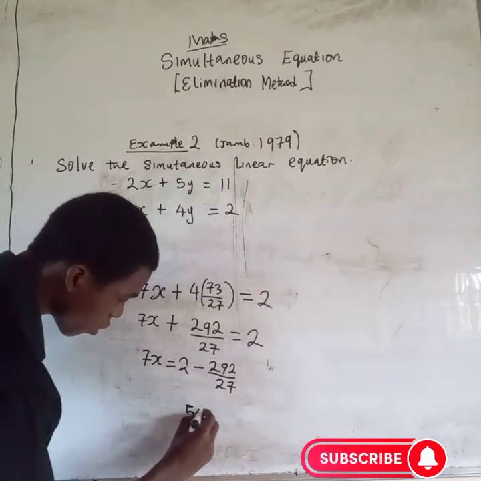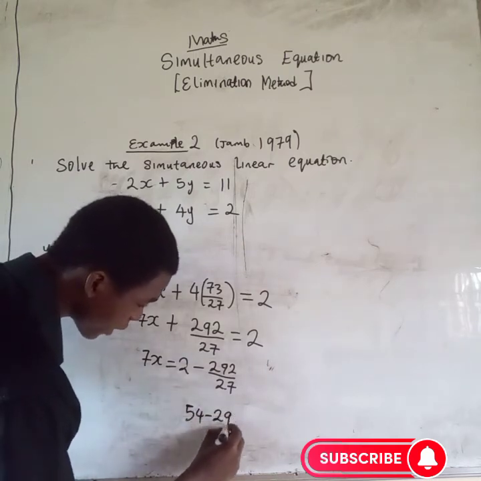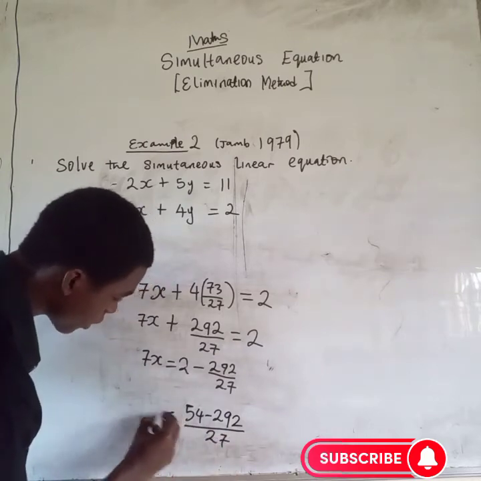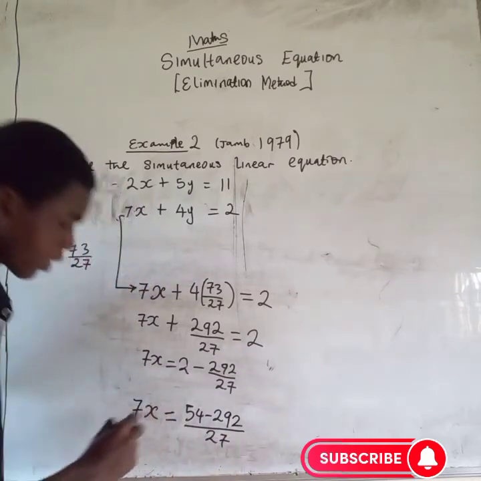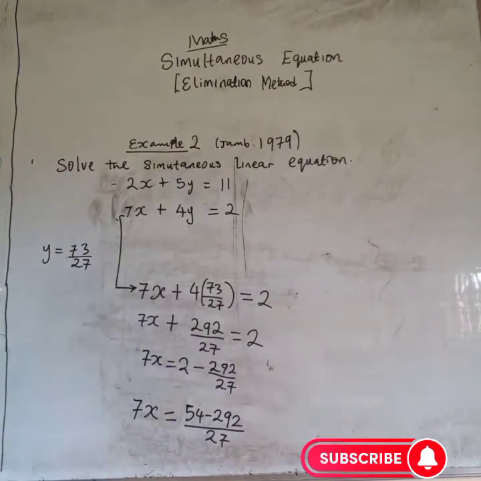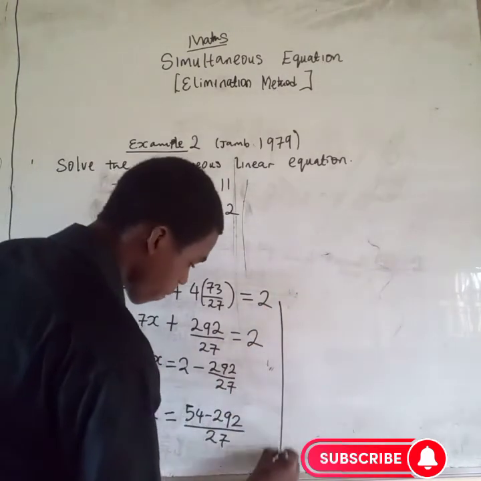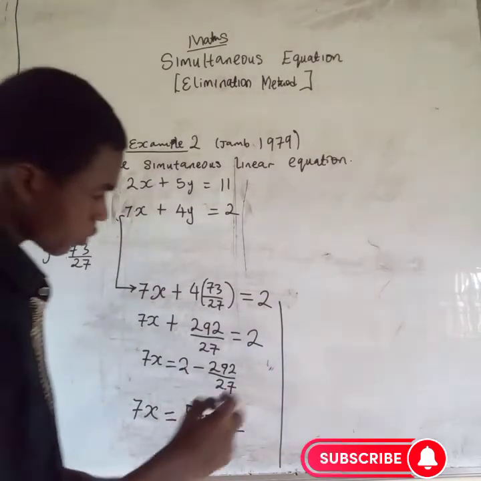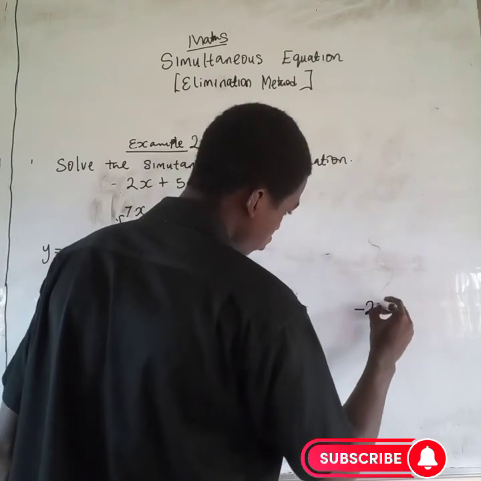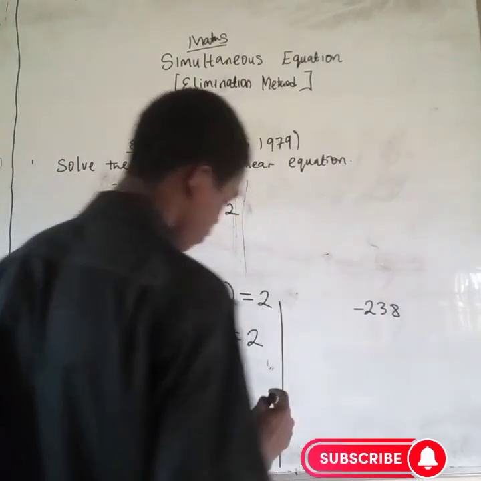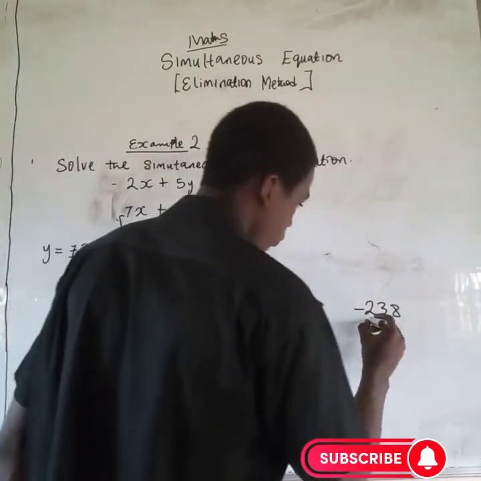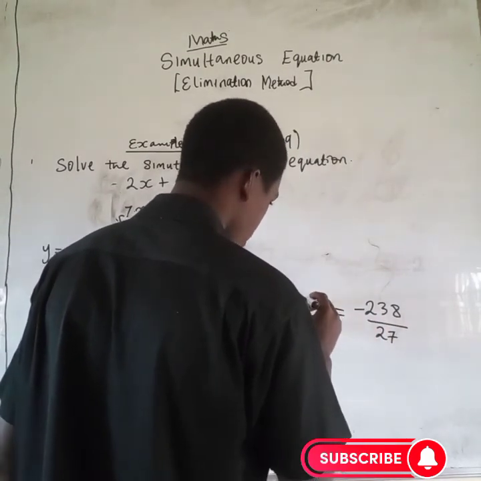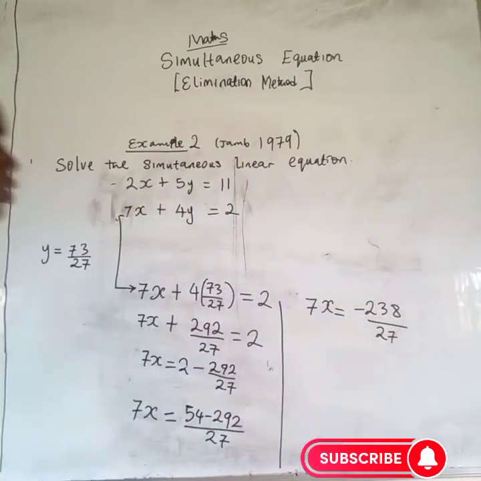Because 54 minus 292, everything becomes over 27 equal to 7x. Right? Now, let's continue. 54 minus 292 is equal to what? Minus 238. So minus 238 over 27, everything becomes equal to 7x.